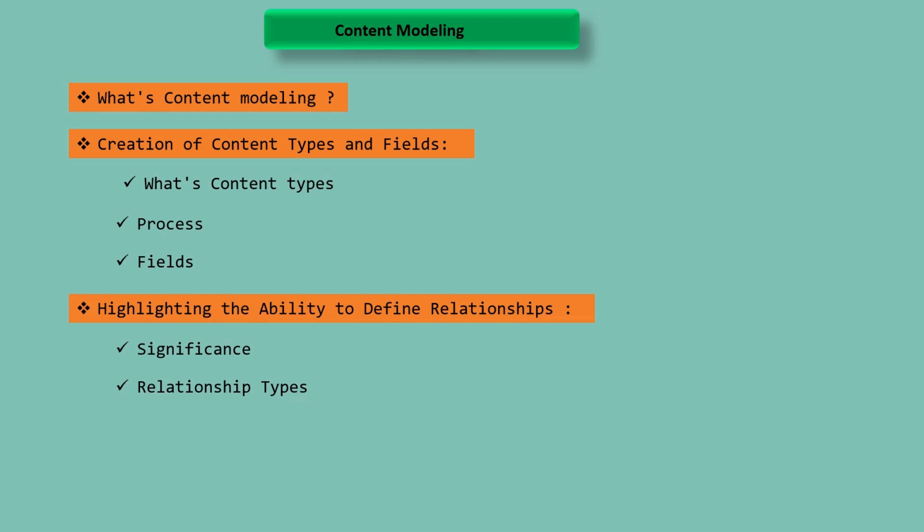Strapi excels in handling these relationships, offering a dynamic and interconnected data model. Relationship types. Strapi supports various relationship types, including one-to-one, one-to-many, and many-to-many. This allows for the creation of sophisticated and linked data structures. Use case example.